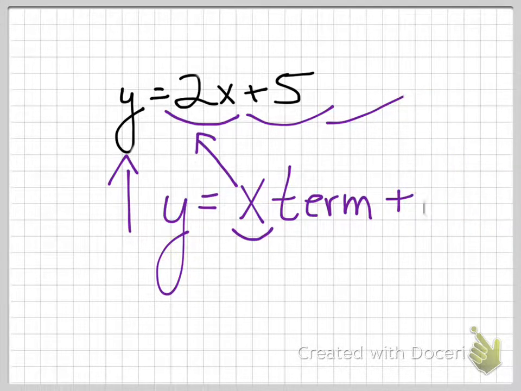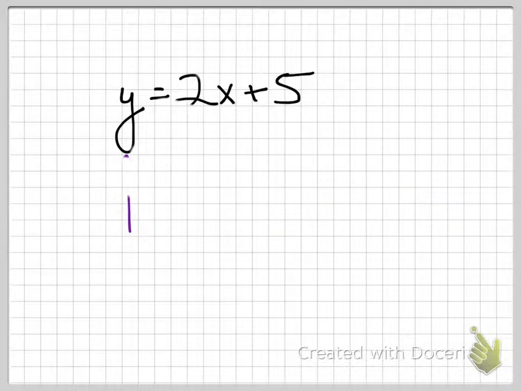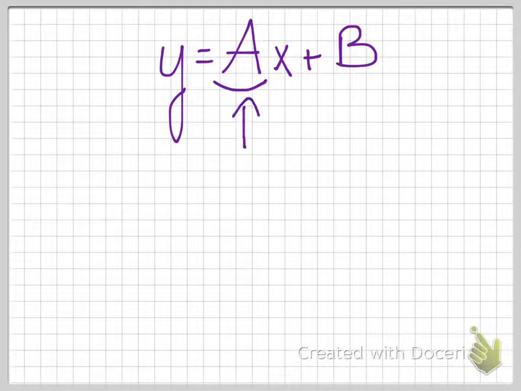Okay. So when you're in y equals form, and you can go ahead and write it. You don't need to wait for me. Oh, what the heck. Let's just do this. When you're in the form y equals some letter, some number, it doesn't matter, let's pick an A, x plus B. When you're in this form, the A just takes over for the coefficient. Let's write that.